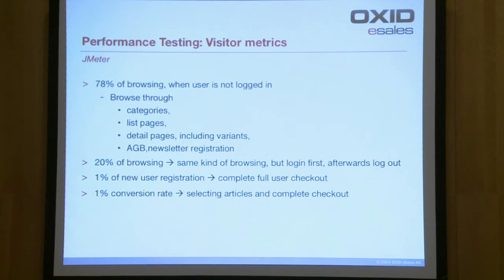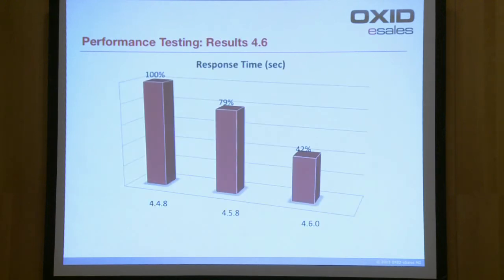Okay, let's see some comparison. This is actually an old performance test we did with 4.6, and I want to put it as a kind of reference. We actually started earlier than 5.0 to put more and more focus on performance. So we already started to improve response time.